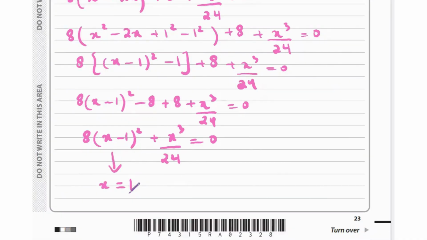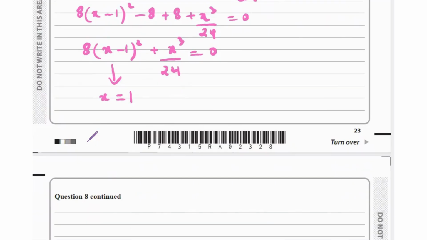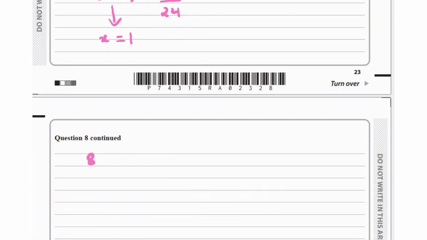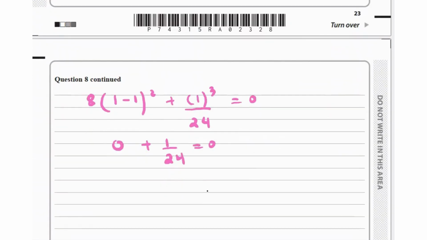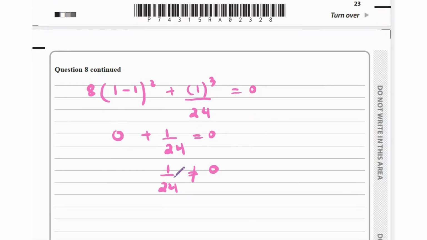So if we put x equals 1 in the equation, 8 times (1 minus 1) whole squared, and then we have plus 1 cubed over 24, and it's equal to 0. When you substitute this, we get 0 over here, but this is not 0, it's 1 over 24. So we can clearly see that it is not equal to 0, it's more than 0, because 1 over 24 is not equal to 0.